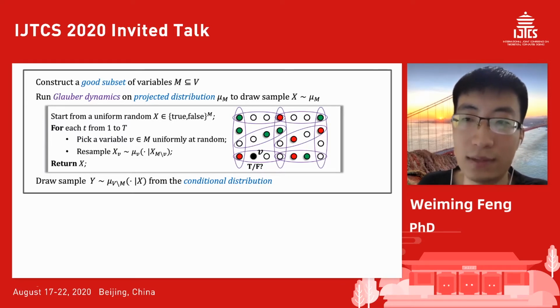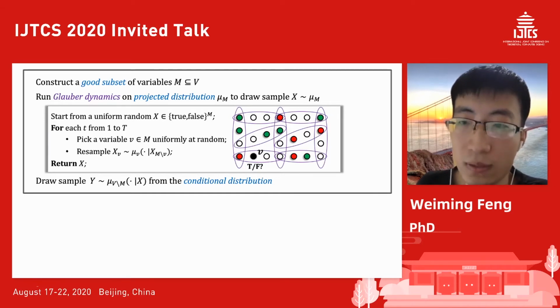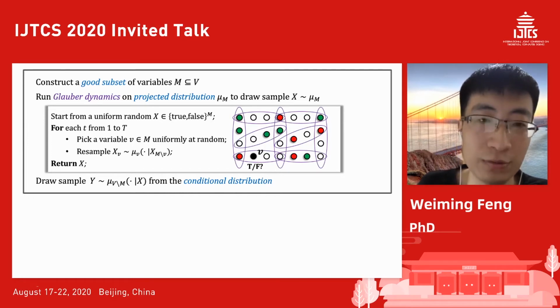We initialize each variable in M uniformly at random. In each step, we pick a random variable v in M and update the value of v conditioning on the assignment of other variables. The key point is that we only use global dynamics on the projected distribution mu M rather than the original distribution mu.